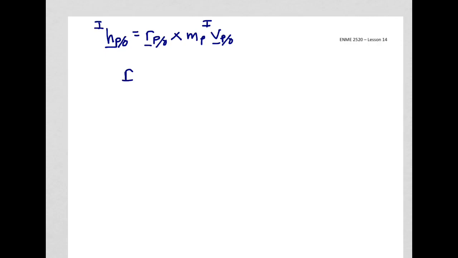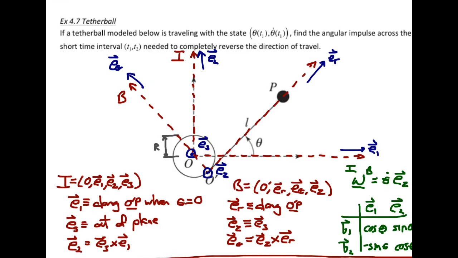So here we get the position of P with respect to O is going to be equal to this distance going from O to O prime plus the vector O prime to P. And so O to O prime is negative R in the e theta direction, and then O prime to P is L in the er direction.